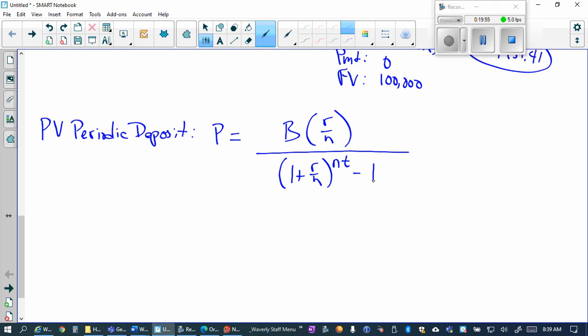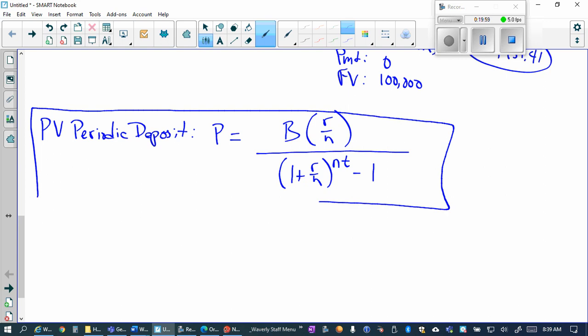You're definitely going to want to parenthesize the bottom and the top when you put it in. Remember, in this case, the P doesn't necessarily stand for the initial deposit, it's the periodic deposit amount.